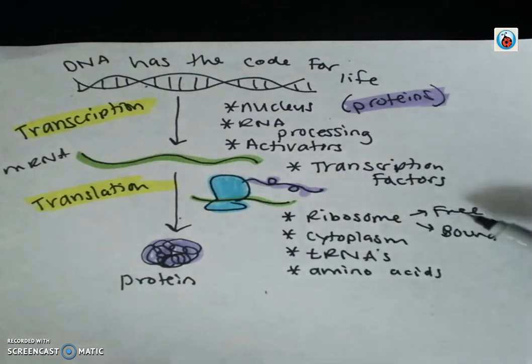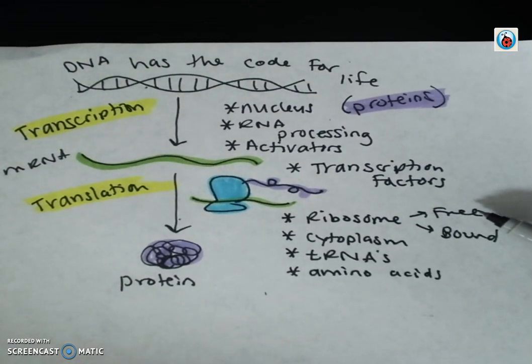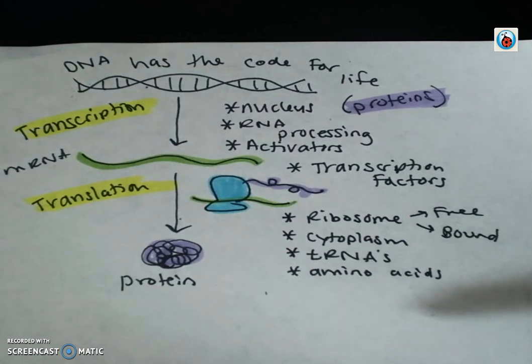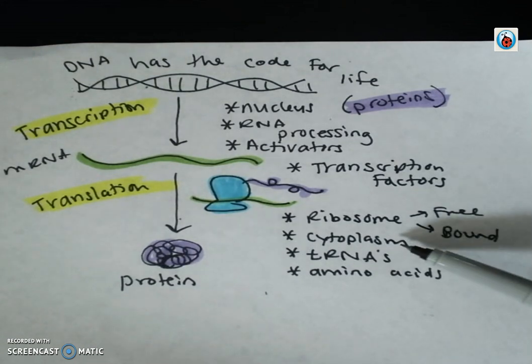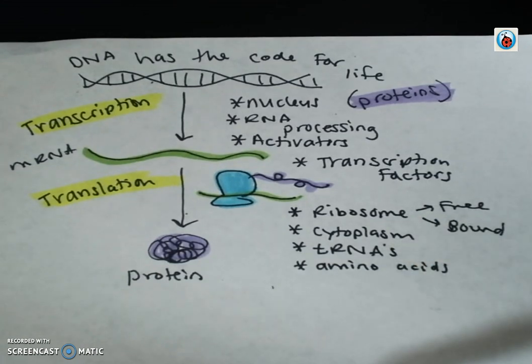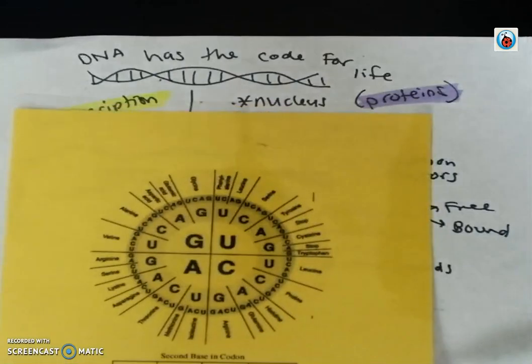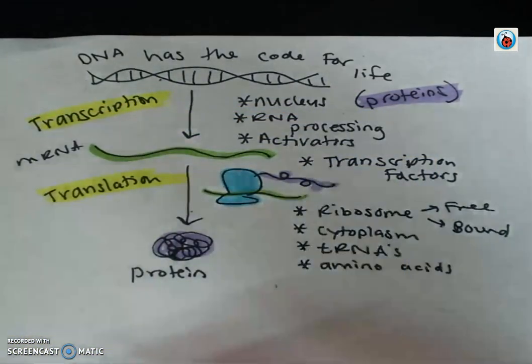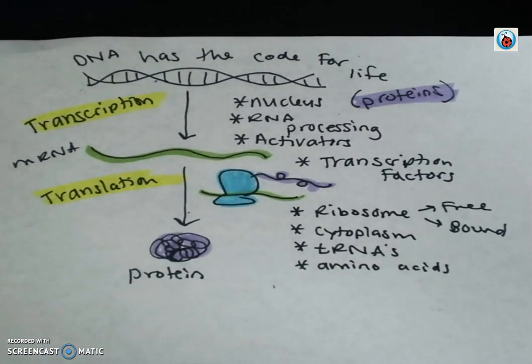Now, these ribosomes can either be free if they're going to make proteins that stay within the cell, or they'll be bound to the ER if they're going to be part of the endomembrane system and end up at the cell membrane, either to become a membrane protein or to be sent out of the cell. Translation occurs in the cytoplasm, not the nucleus, relies on tRNAs to bring amino acids, and uses the genetic code in order to know which amino acid to bring. That is a summary of protein synthesis.